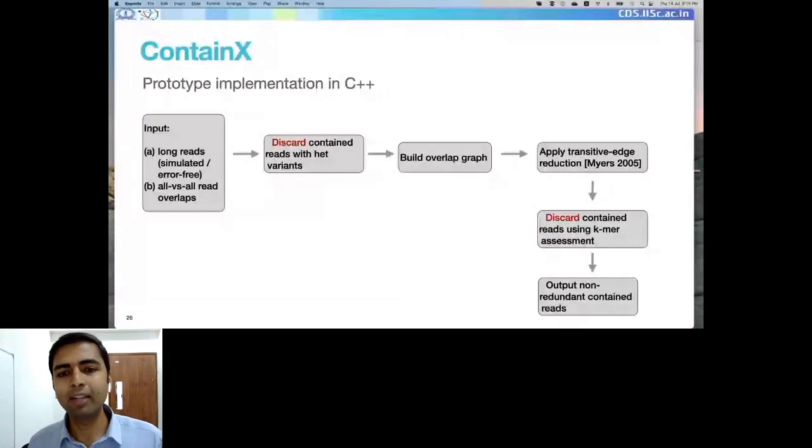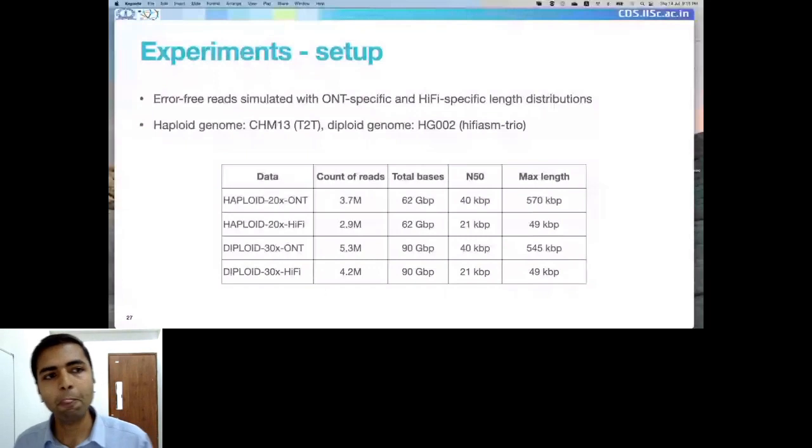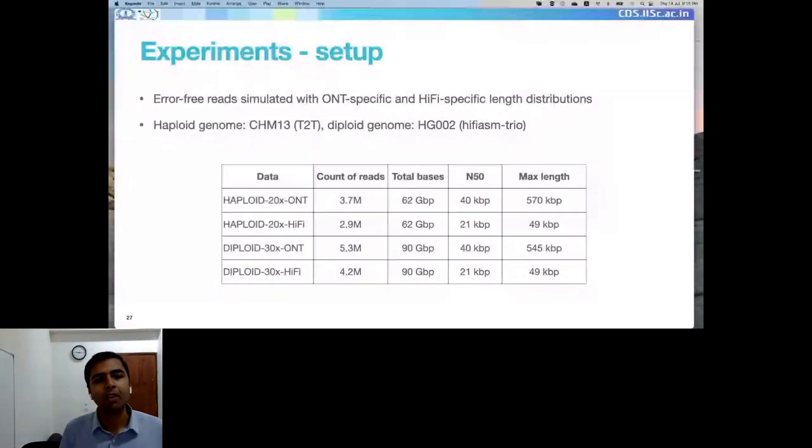Let's see how this works in practice and how the benchmark numbers look. To evaluate, we simulated error-free reads with Nanopore and HiFi specific length distributions. For the haploid genome, we took the CHM13 sample from the Telomere-to-Telomere (T2T) consortium.